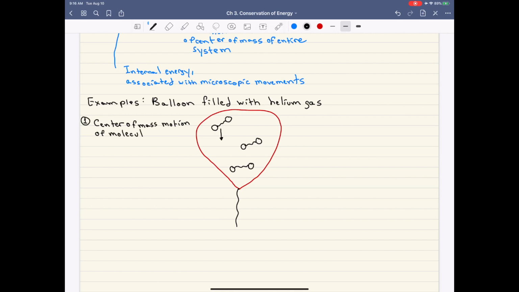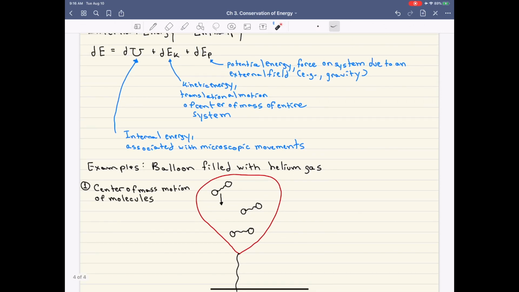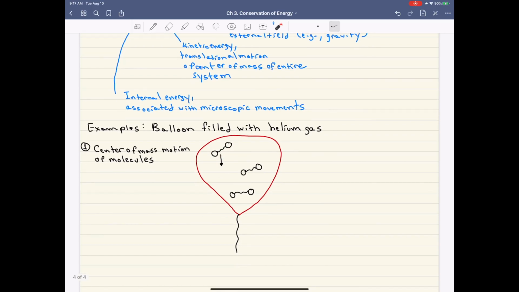Right? And so you could kind of think of it similar to that kinetic energy term dEk in our energy balance. But rather than talking about the movement of the entire system, of the entire balloon, what we're talking about is just the movement of an individual molecule. All right? And so that's one different type of way that the molecule can move around. The other type of way has to deal with the little bond that we have here.